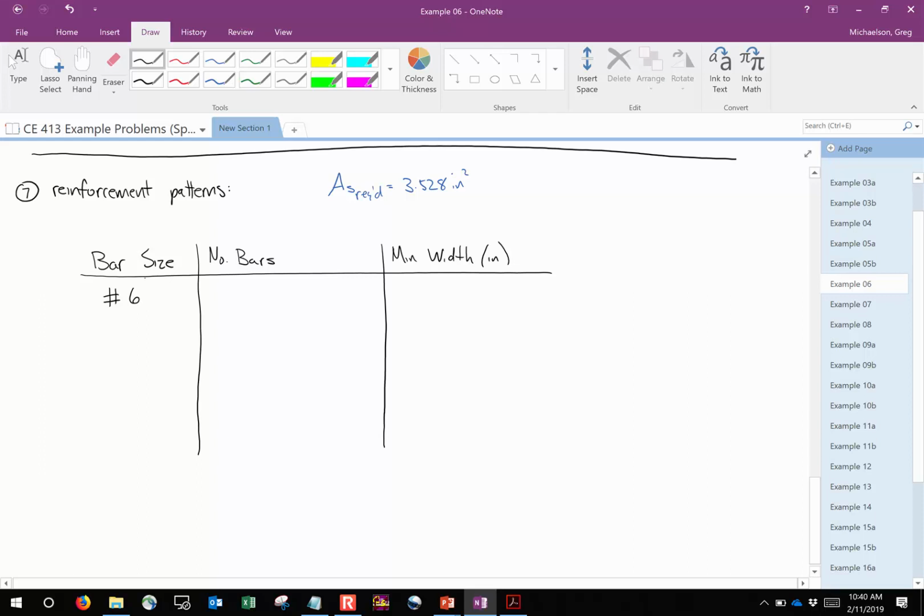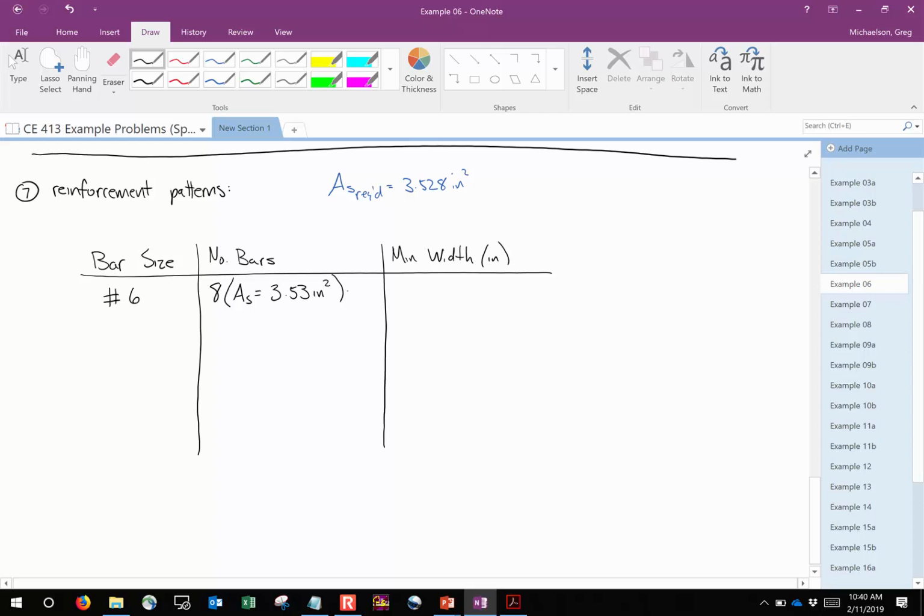Okay? Now help me out. How many number 6s do we have to use in order to meet that requirement? 8. Okay, so we have to use 8 of them. Now you picked 8 because the area of steel for that many bars is what? 3.53.